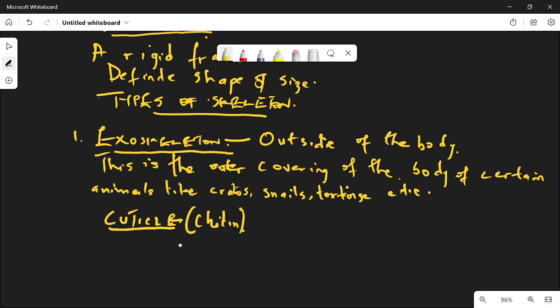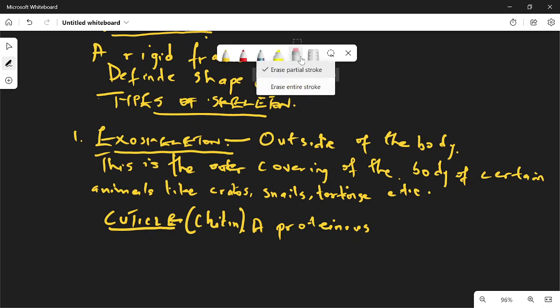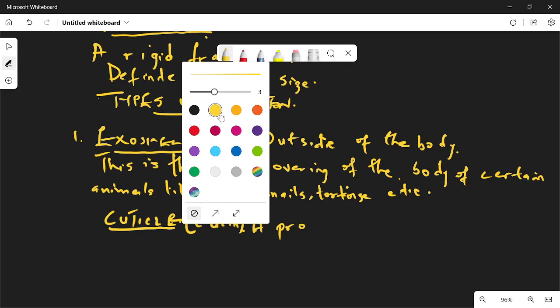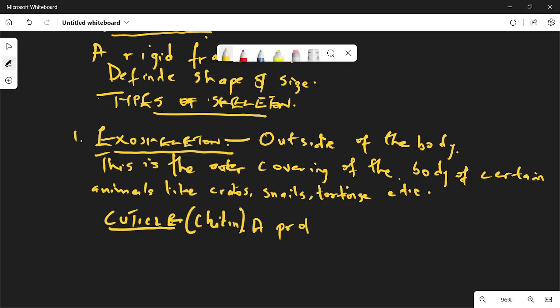So the exoskeleton is richly embedded with chitin, which is a proteinous substance.